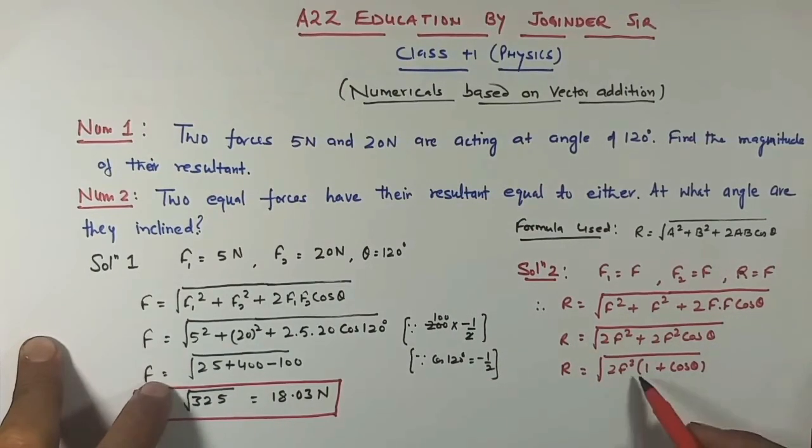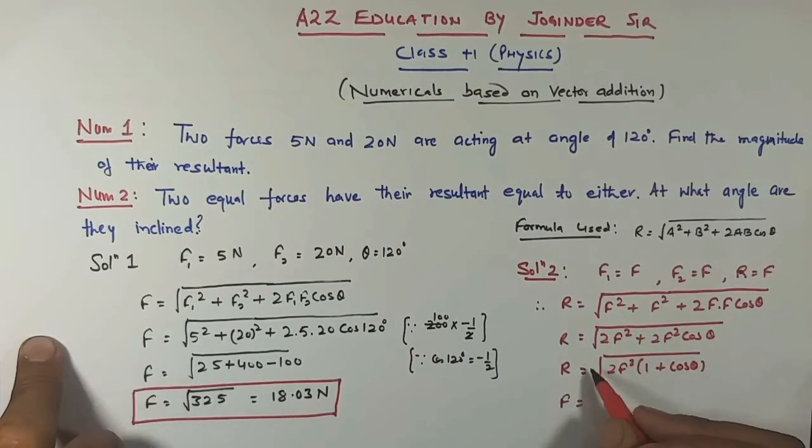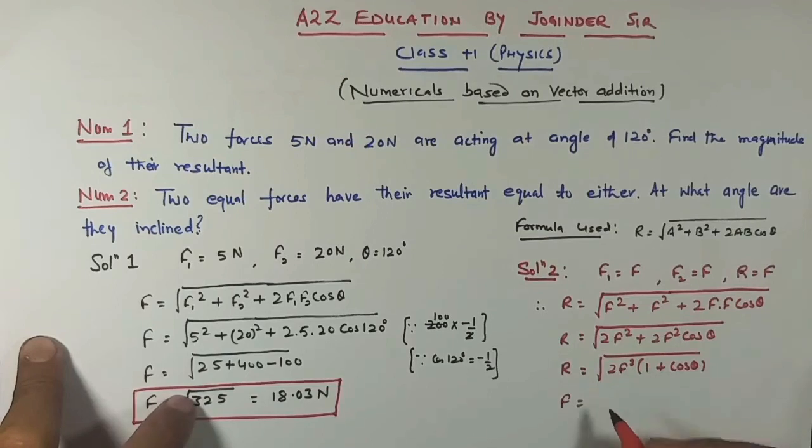Now R is also F, so F is equal to the root of 2F square into 1 plus cos theta. F square can come out of the root, so it becomes F times the root of 2 into 1 plus cos theta.